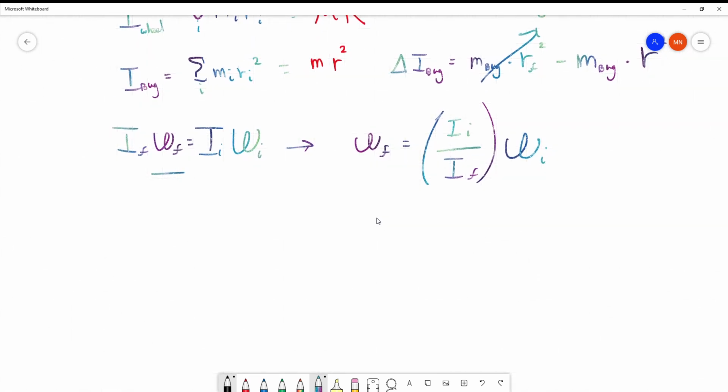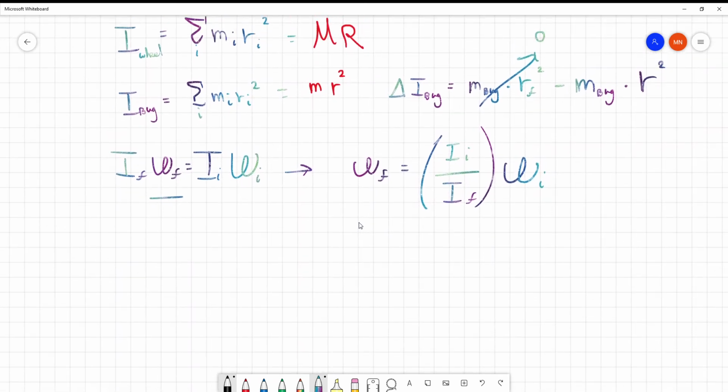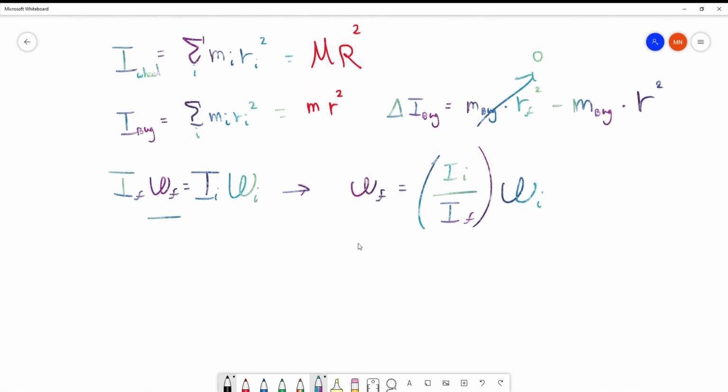So now, what do we do with our moments of inertia? Let's take a look at the initial case. Our initial moment of inertia is going to be nothing but the sum of the moments from the bug and the wheel.